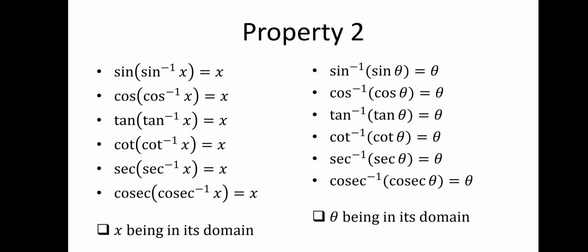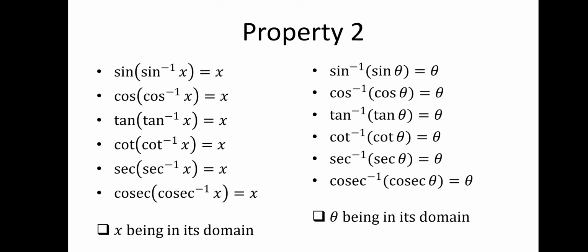So theta has to be within that particular limit that is mentioned. So for sine, theta must be between minus pi by 2 to pi by 2. If I take, say, sine inverse sine of 127 degree, it is not going to be 127 degree. Why? Because 127 degree is not in the domain of sine.